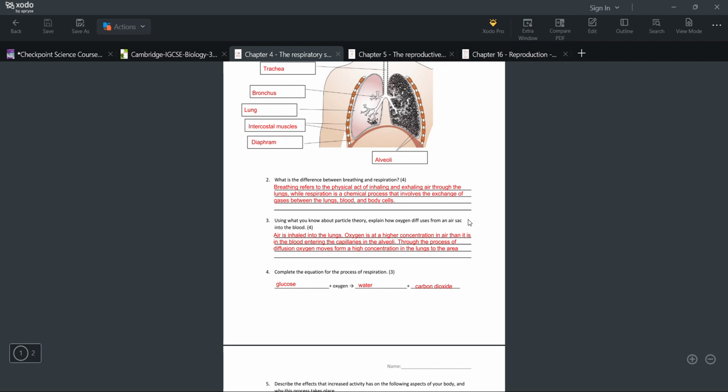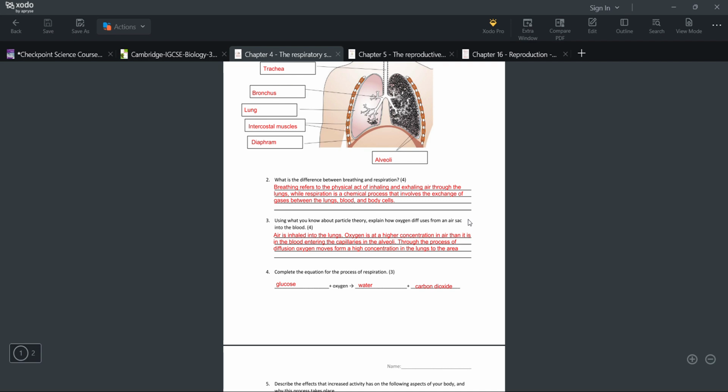But in a system like this, you're constantly going to have higher concentrations of oxygen entering the lungs. So the air outside that you breathe in has a higher concentration of oxygen than the blood that is being carried to the lungs in your alveoli, or the capillaries in your alveoli.